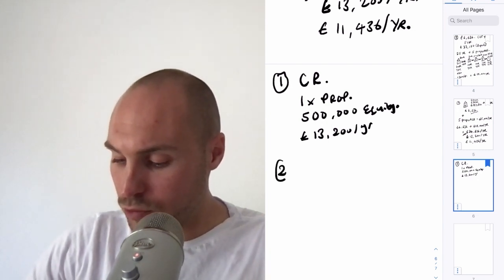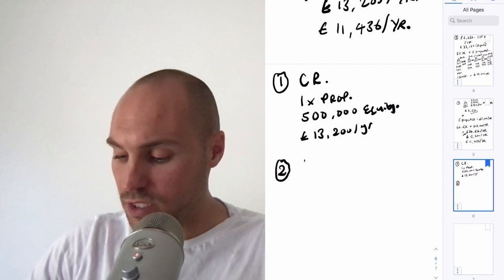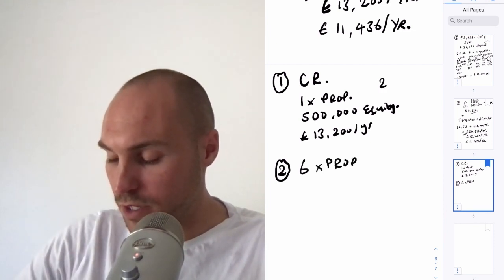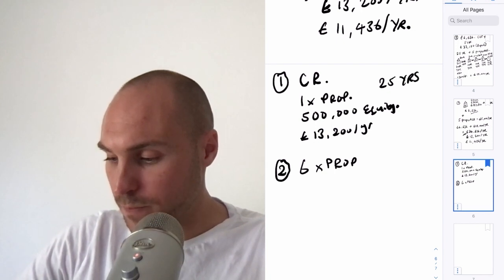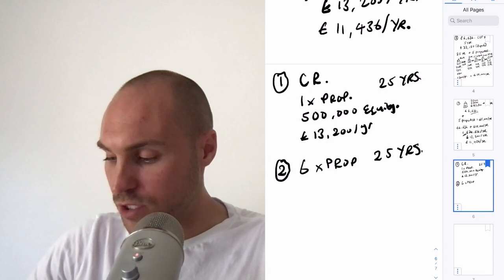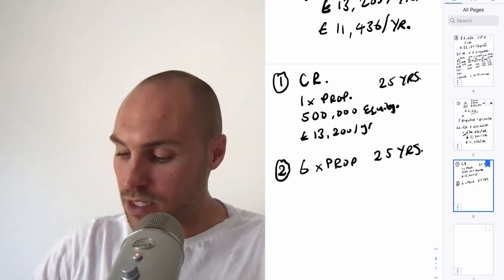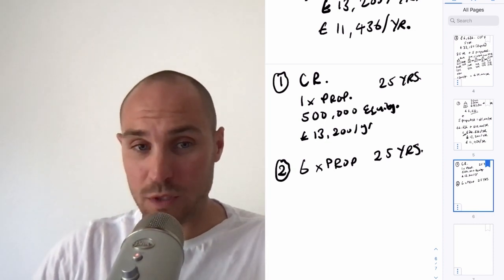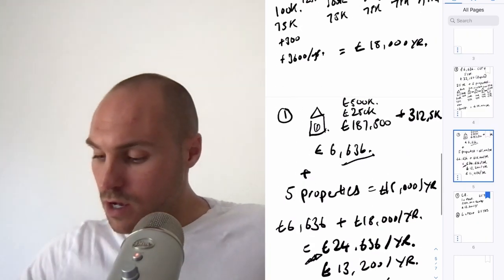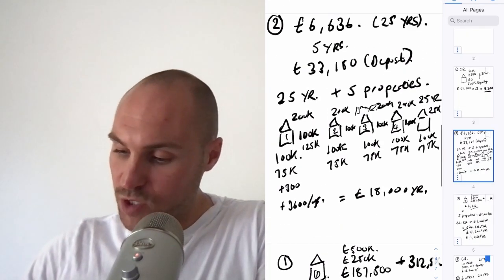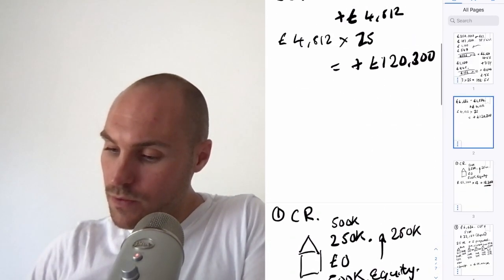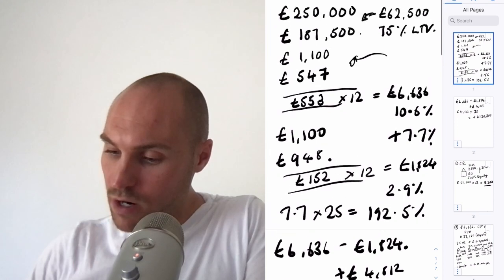But in example 2, we ended up with 6 properties over the 25 years, and both of these are over 25 years. So 6 properties over 25 years versus the 1 property. Now, in the 6 properties, the total equity across the properties was, what did we have here?